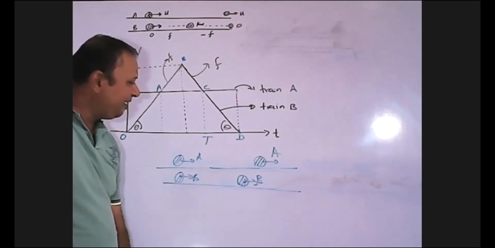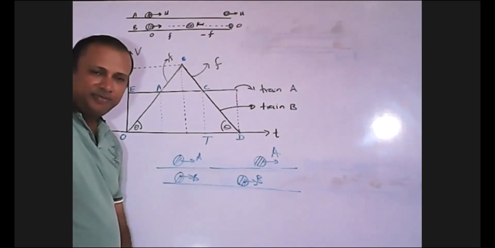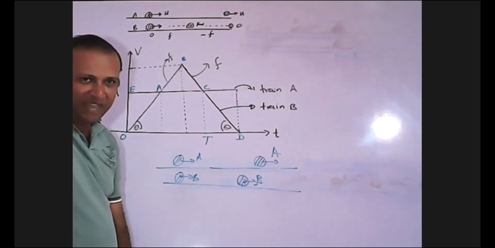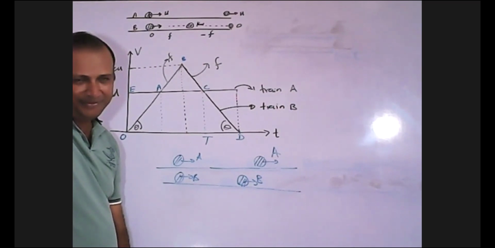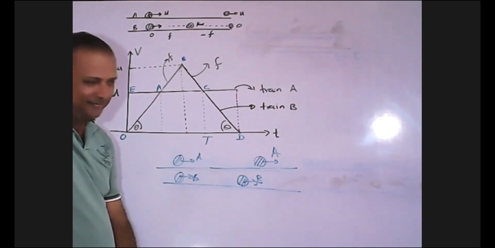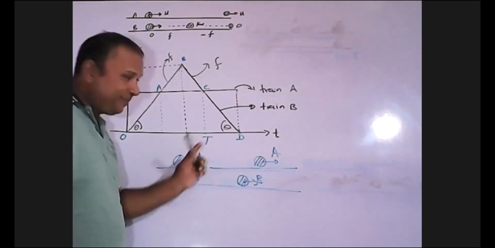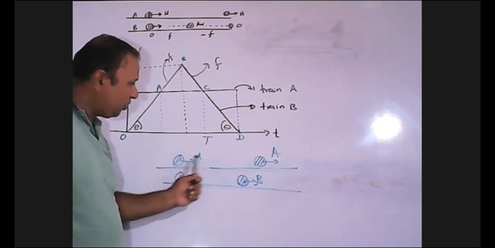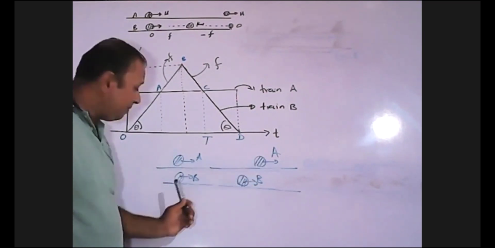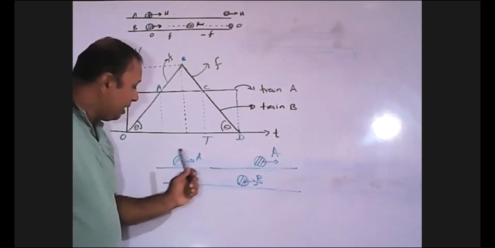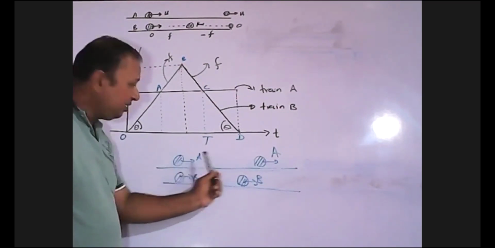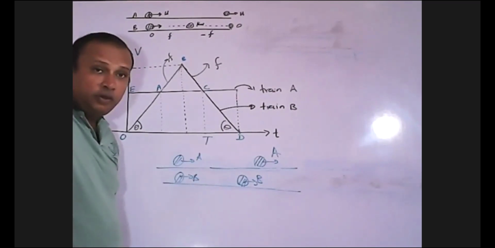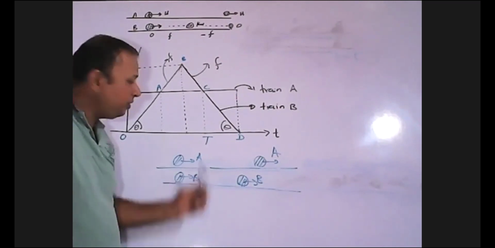Okay. If so, what will happen? What was my question? Suppose when time is equal to capital T, the position of A is something like this and position of B is something like this. That means train A has displaced more than train B when it comes to point C. Okay.